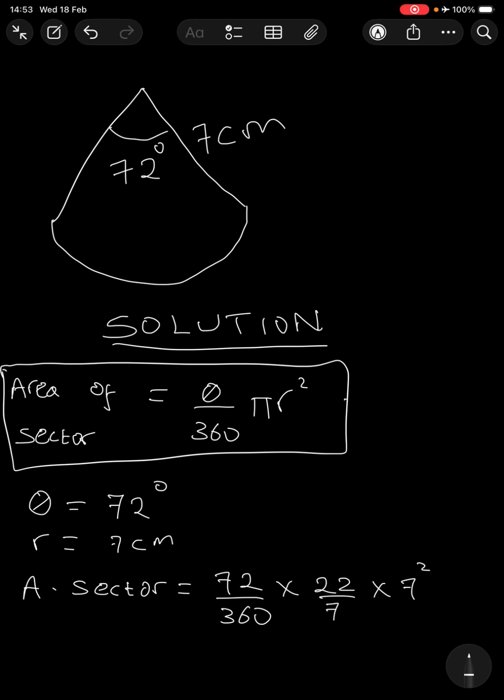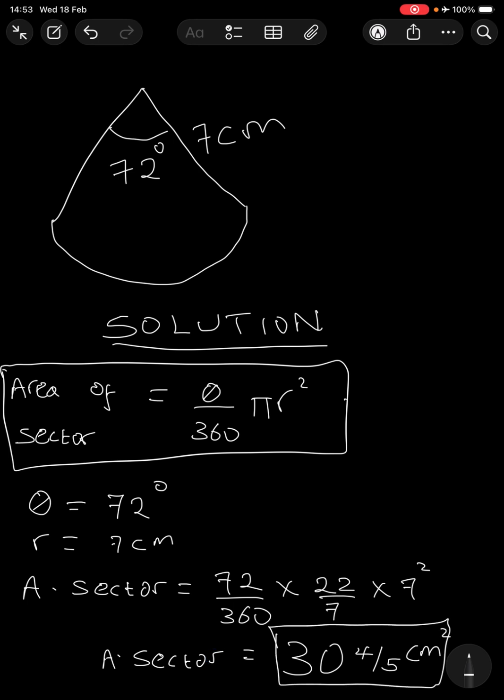So I got the area of the sector as 34 over 5 centimeters squared. So this is the final answer. As you can see, step 1, identify the value of theta. Next, identify the radius. Next, you solve the equation by using the formula.